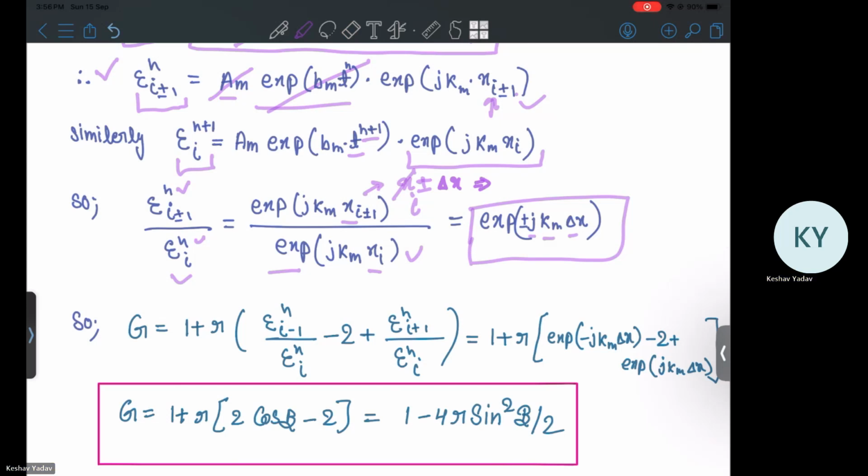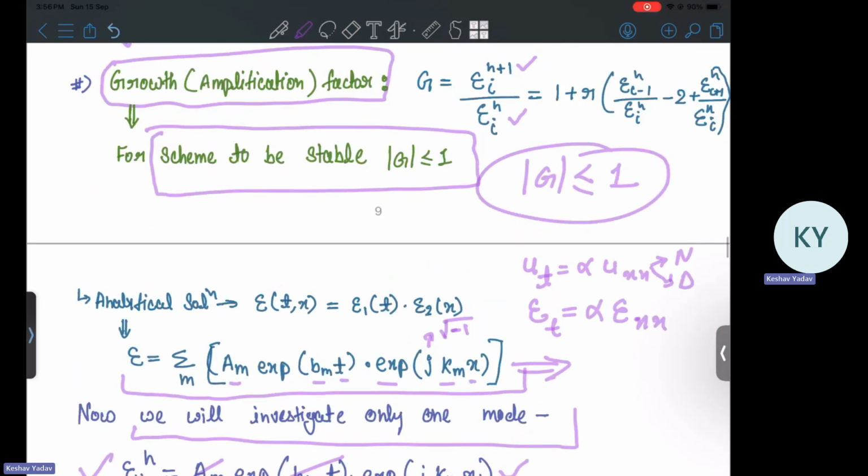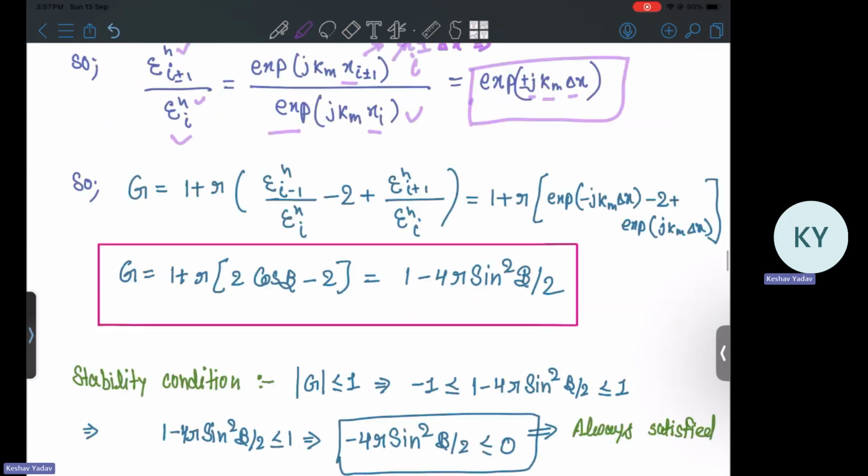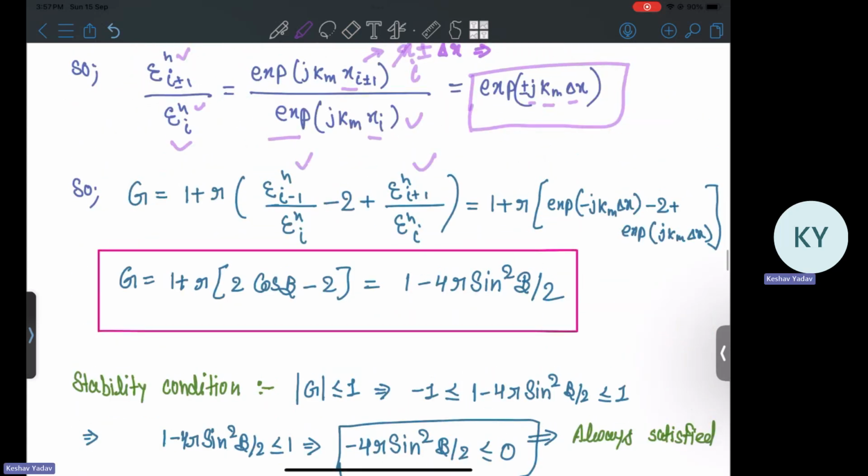Now in our equation, if you see, G will be 1 plus r, epsilon i minus 1 at nth divided by epsilon i at nth, minus 2 plus epsilon i plus 1 at nth divided by epsilon i at nth. Now we put their values here.